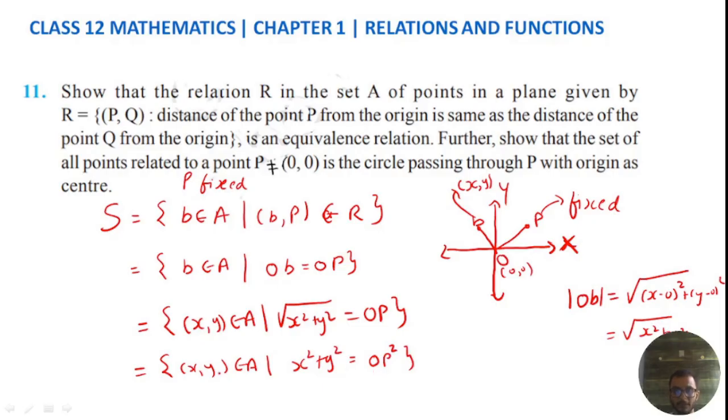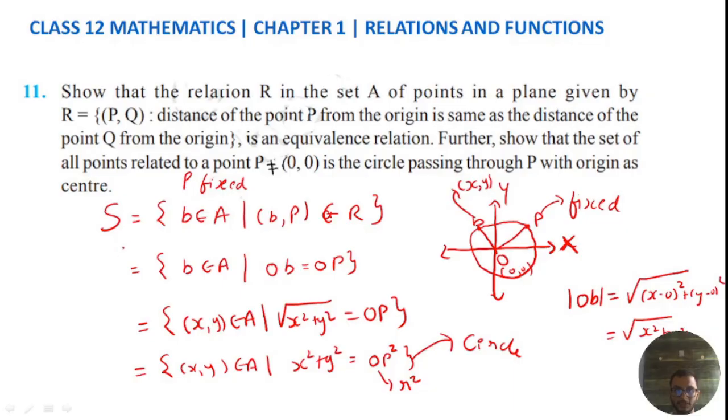So we are having all such points from the plane such that x square plus y square is OP square, some radius r. So we are having all such points from the plane such that x square plus y square equals r square. So this is what the definition of a circle is. It is a collection of all such x comma y from the plane such that x square plus y square equals some r square. This is what the definition of a circle means.